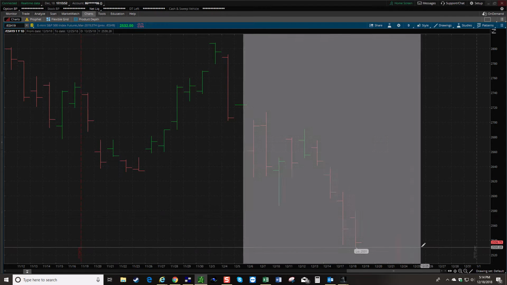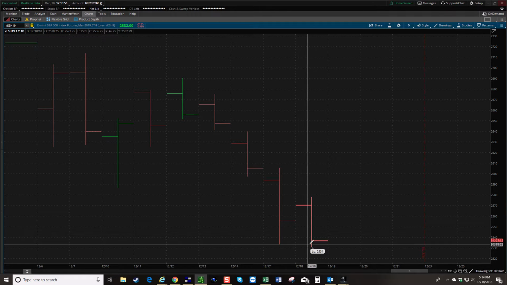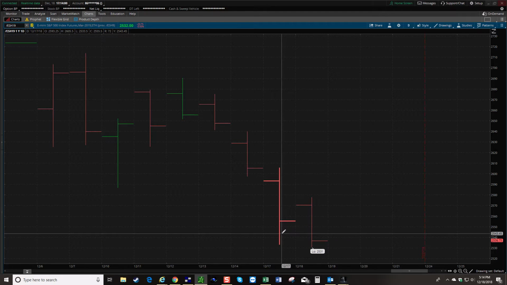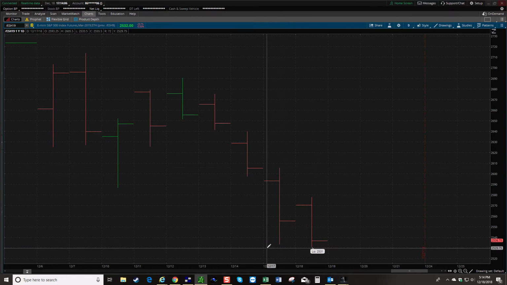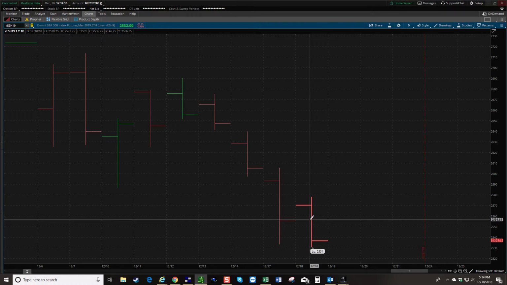However, we are in a 2 day balance area because the market closed back within yesterday's range, Monday the 17th. So we're in a 2 day balance area, although the trend is lower. So we have a monthly trend lower, a weekly trend lower, and a daily trend lower to balancing. So all trends point down.